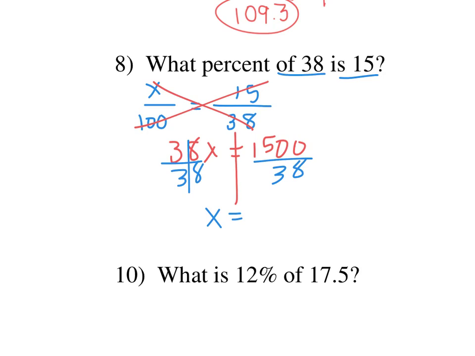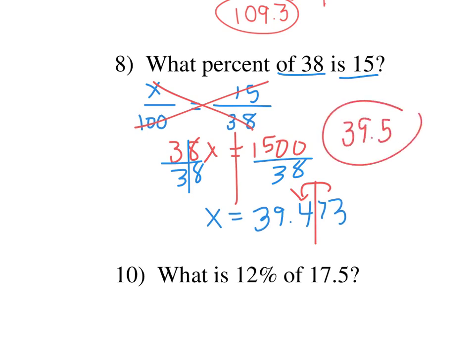X equals 39.473. So round to the nearest tenth, which is one place past the decimal. A 7 can round the 4 up to a 5. So 39.5. And this is percent because there's a percent there.